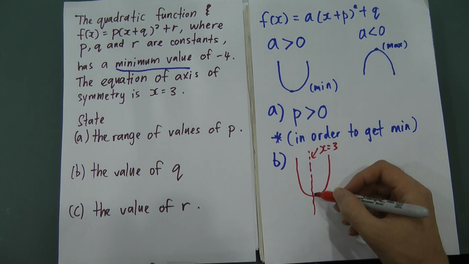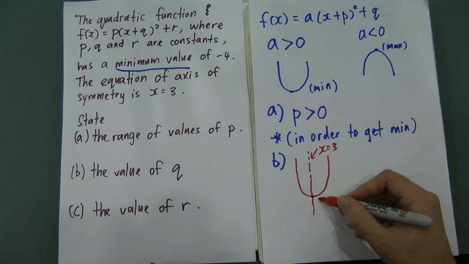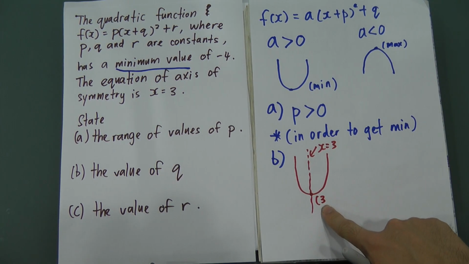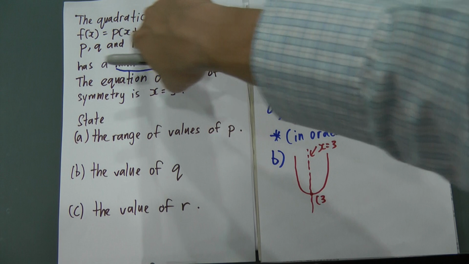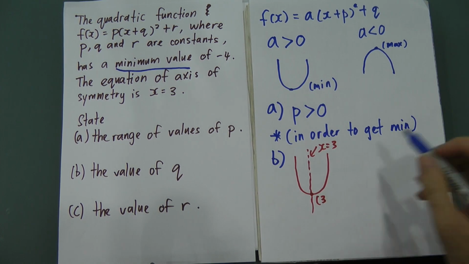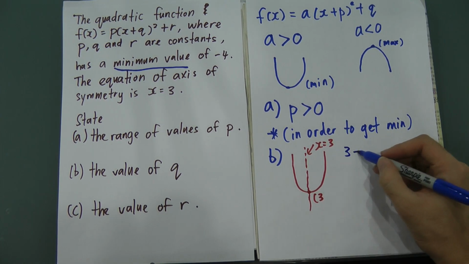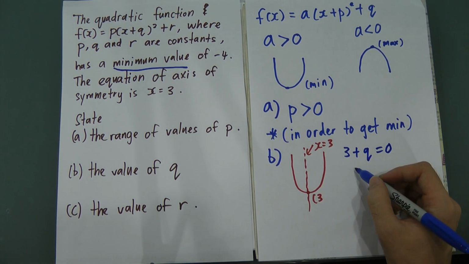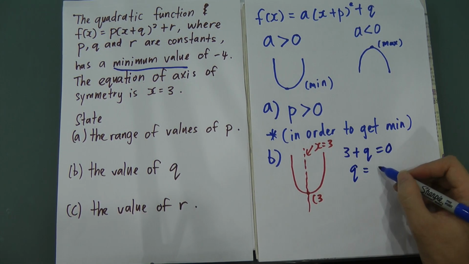So we know it will touch the minimum point at x equals 3. For part B you just write, x is 3, so 3 plus q equals 0. Therefore q is -3.